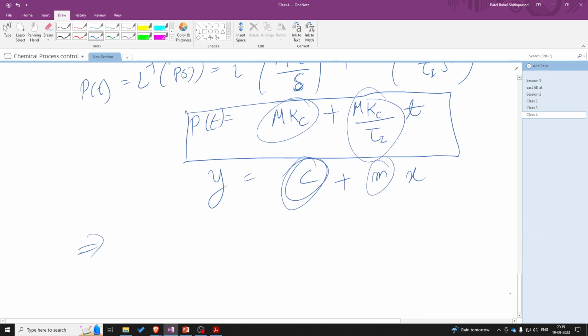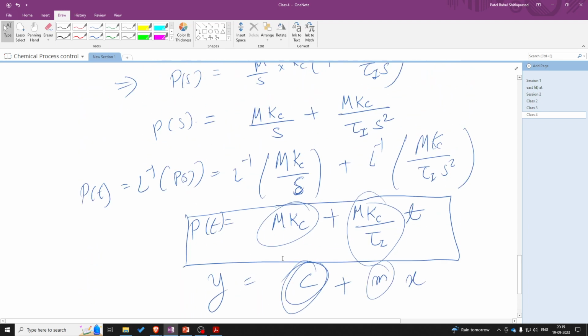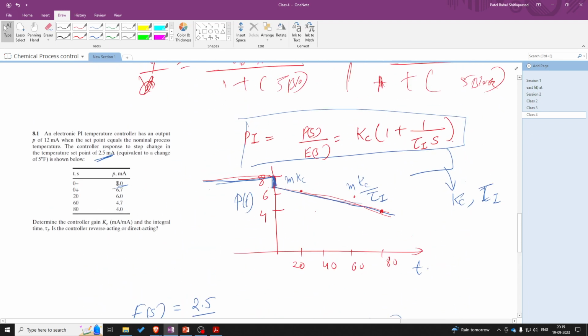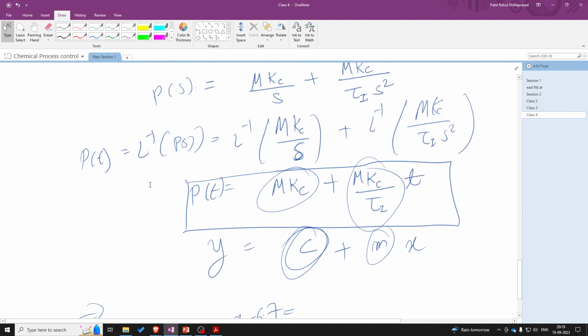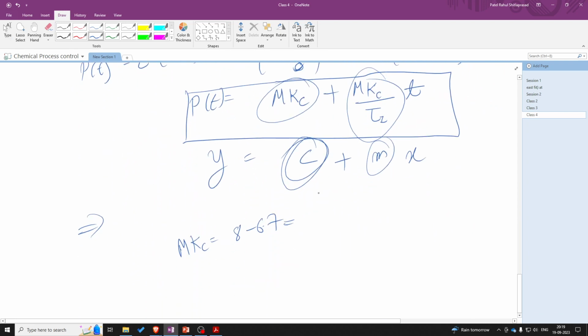So basically M Kc is 8 minus 6.7, which we obtained from the chart. So it will become 1.3. The value of M, that is the step input, was 2.5. So Kc will become 1.3 upon 2.5, which comes to around 0.52. So this is our value of Kc.